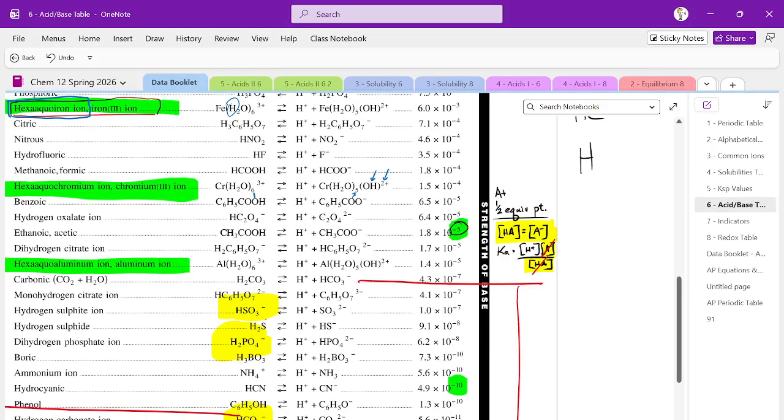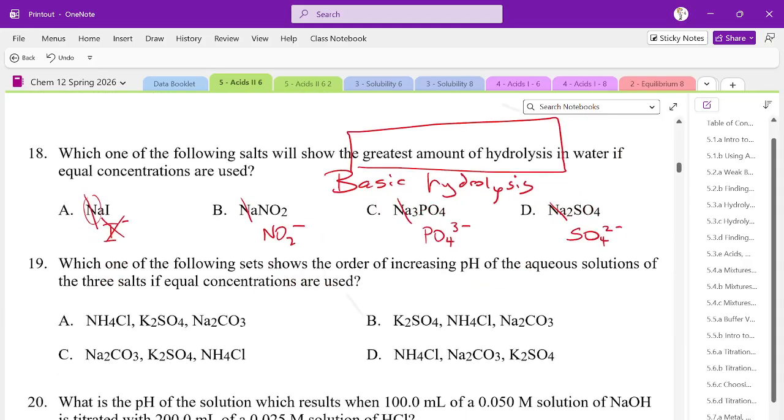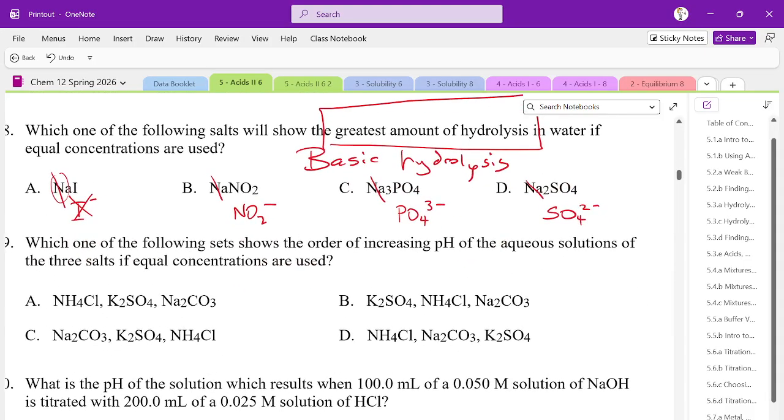And in fact, you know what? I'm going to go back here, and I'm just going to write them down because it's easier than flipping back and forth between the two pages. So NO2, the Ka of the conjugate acid is 4.6 times... Why am I doing this?